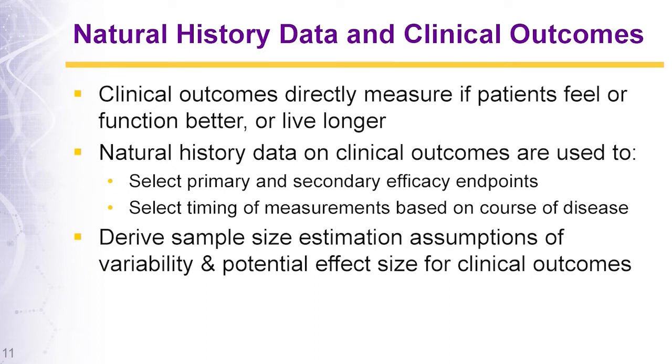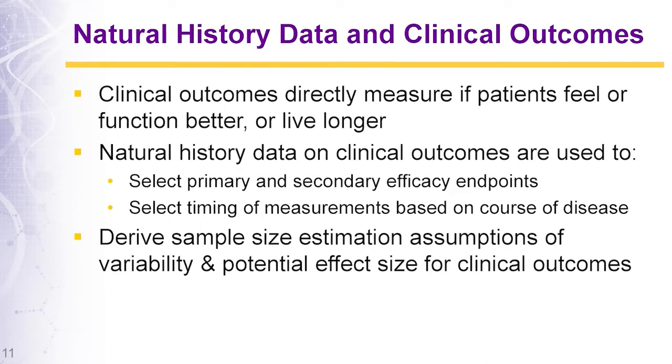Natural history data are used in clinical outcome development, and they are instrumental in sponsors deciding on primary and secondary efficacy endpoints for their randomized clinical trials, and on deciding on the timing of those measurements for their randomized clinical trials.